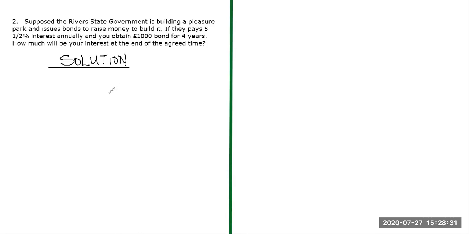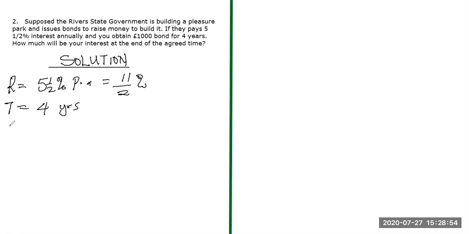Annually means that the rate is annually. So our rate is 5.5% per annum, and 5.5% per annum is 11 over 2%. And what's our time? Our time is 4 years. Then what is our principal? The principal is equal to 1,000 pounds.